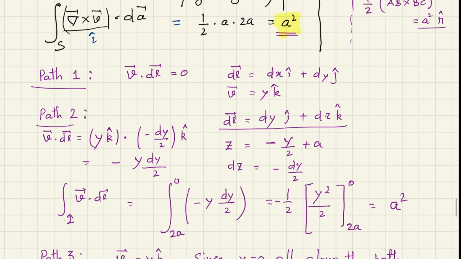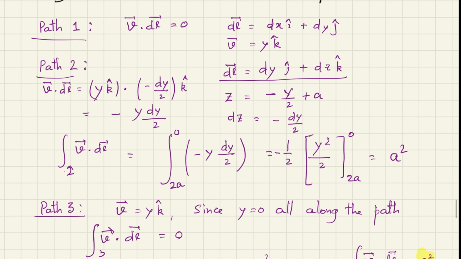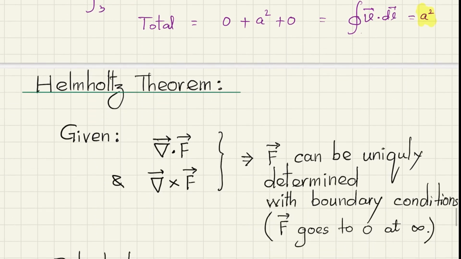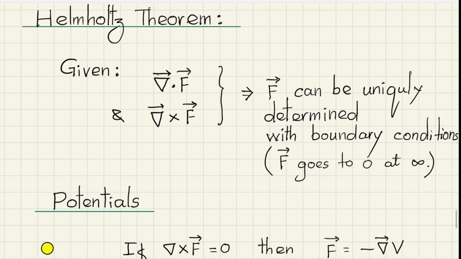Okay, so we have done the three theorems, and now it's important. Let me summarize what is called the Helmholtz theorem. In this, the whole of electromagnetics, mathematically speaking, can be reduced to this theorem.